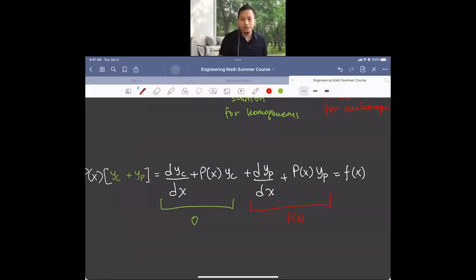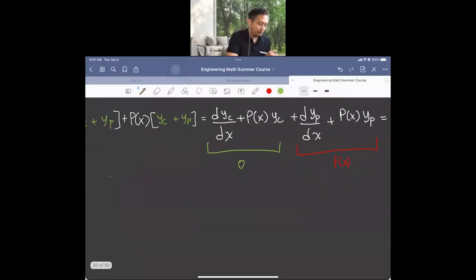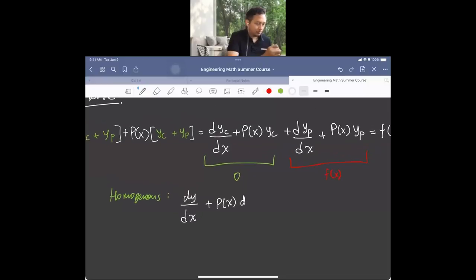Now, if we look at the homogeneous, or let me just directly write the results.